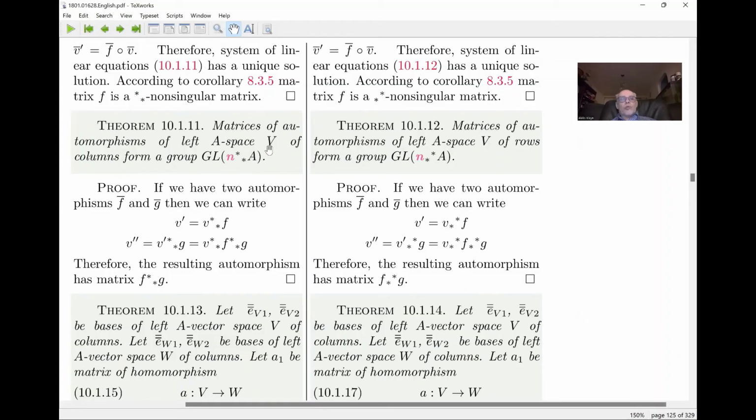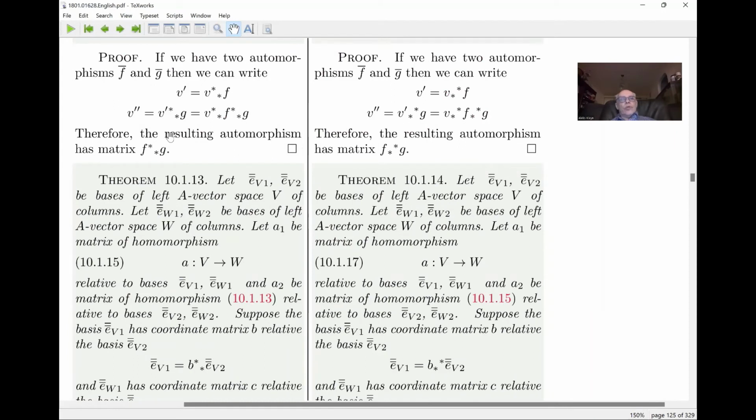Matrices of automorphisms of the left A vector space V of columns form a group GL_n(CR, A). Here we introduce notation for the set of automorphisms of the left A vector space V. Similarly, matrices of automorphisms of the left A vector space V of rows form a group GL. To prove the theorem, it is enough to write the representation of automorphism.